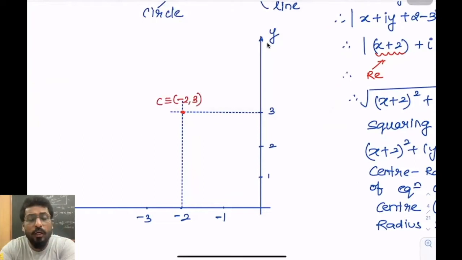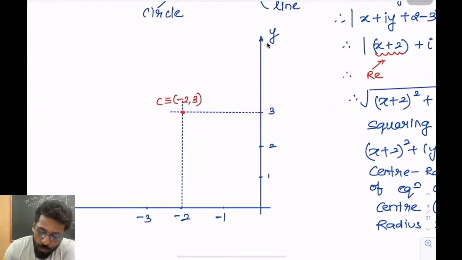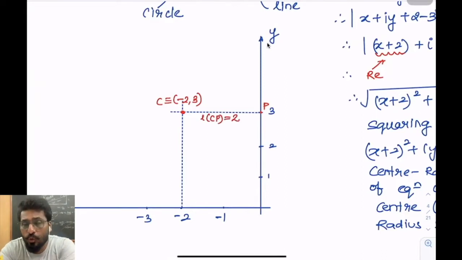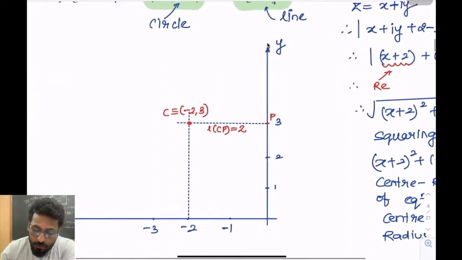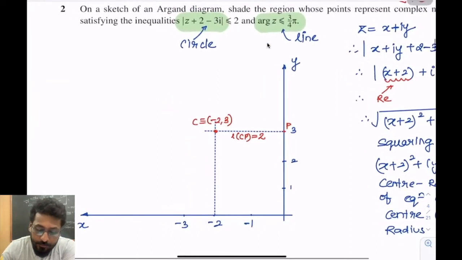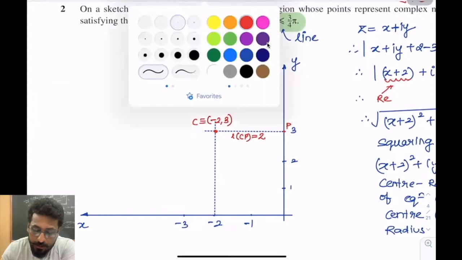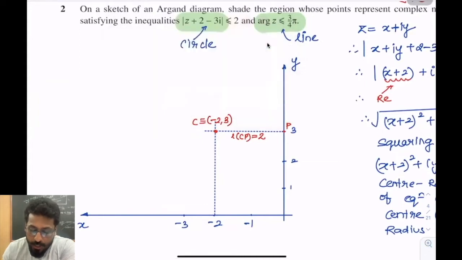Now you know that this circle has radius how much? The radius is 2. So can you say from this point to P is the length? So length of CP, is it 2? Length of CP, is it 2? That means CP is your radius, right? So you want to draw a circle such that its radius is 2 and the center is at negative 2 comma 3.